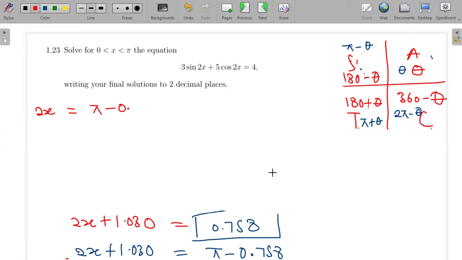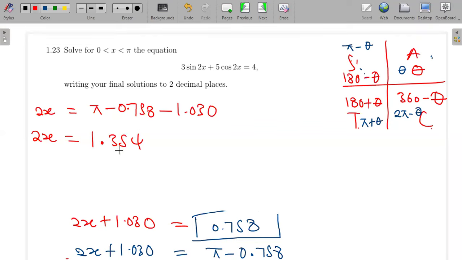It's closer to this, so it's fine. So if I get this equation down here, 2x is equal to pi minus 0.758, and then minus this one, I've taken it to the other side. So my 2x there will be equal to 1.354.